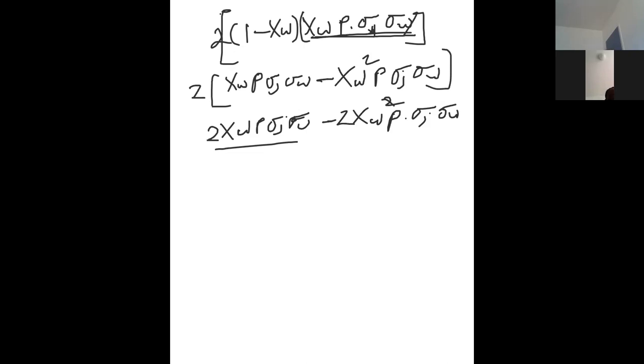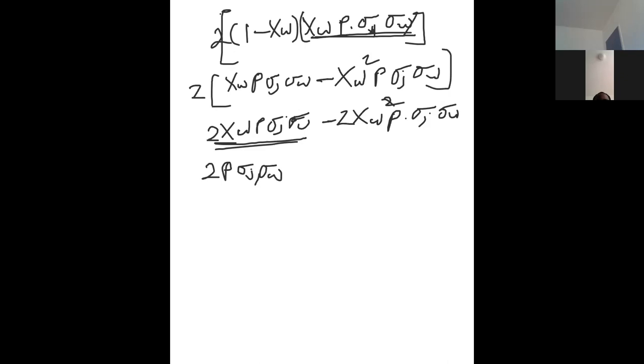So when I differentiate this expression with respect to XW, I'm going to have 2 correlation multiplied by the standard error of J, and then standard error of W minus.